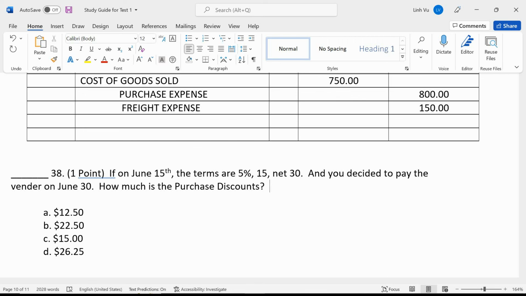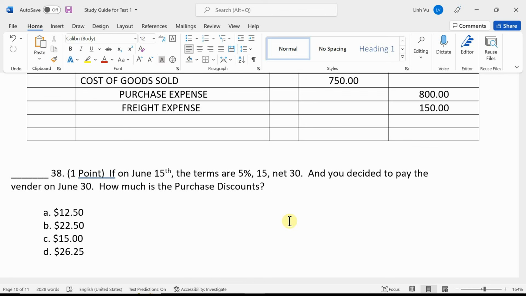The discount only applies on the last purchase on the 15th, right? Because the other two have met the conditions of the 15 days. In this case, I am specifically asking for just one transaction.